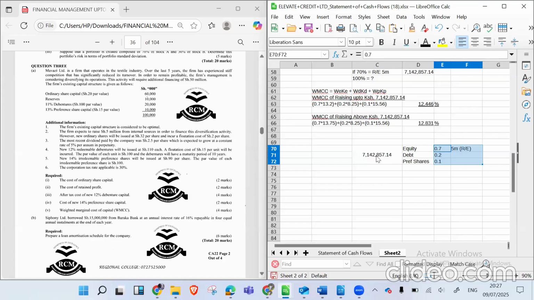20% of these, if I do 20% of these, this amount will come from debt.